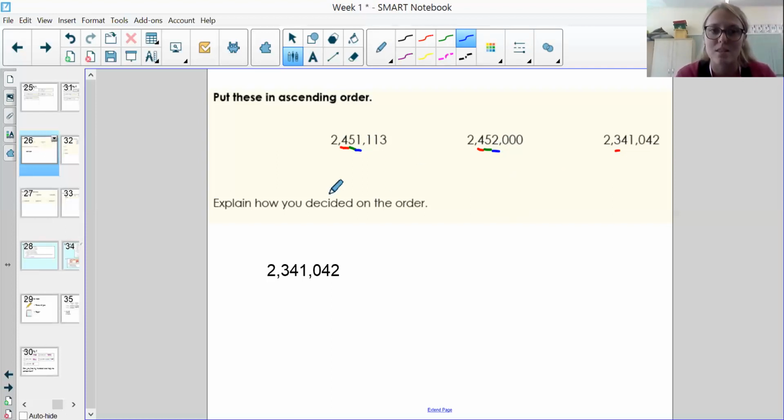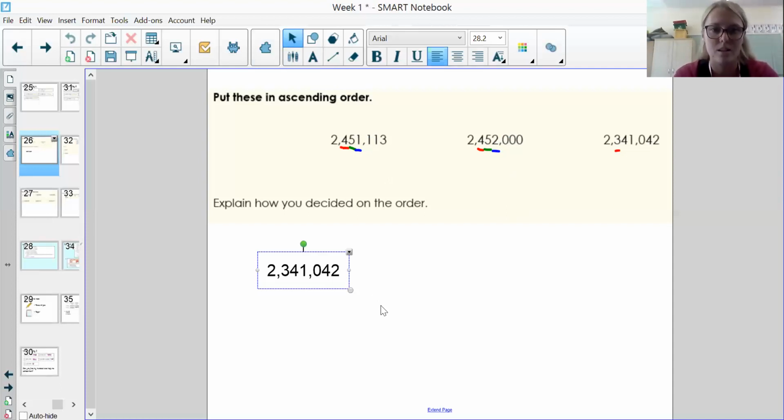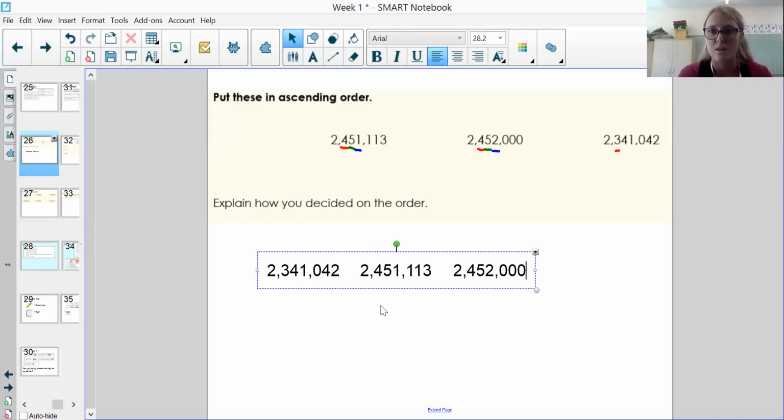So that tells me that this one is the smaller one, so it will come next in my ordering. So the next number I have is 2,451,113, and then the largest number, the last one, is 2,452,000. So I've ordered them from smallest to largest.